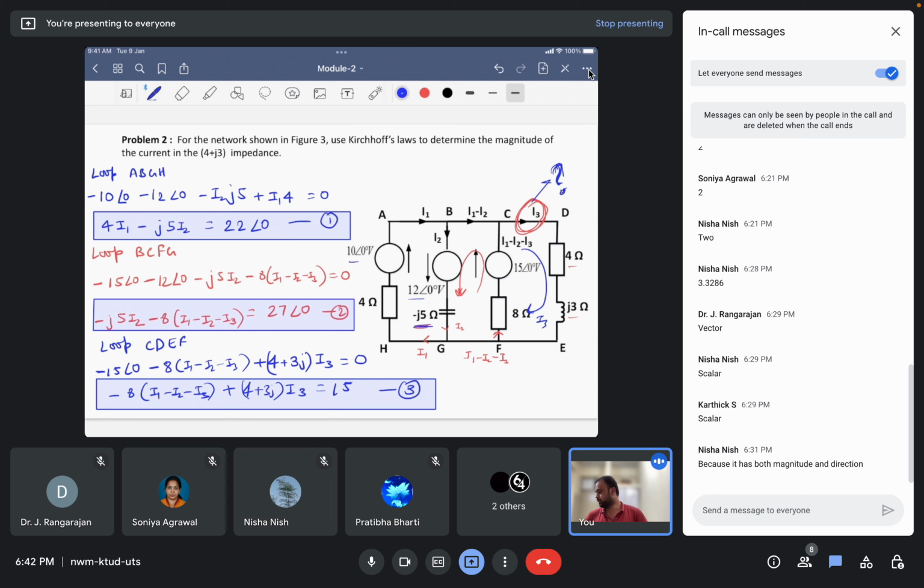There are 3 equations. From equation 1 you can substitute I1 in the other 2 equations, 2 and 3. Then you will be left with only 2 equations, and then you can easily eliminate I2 to get I3.